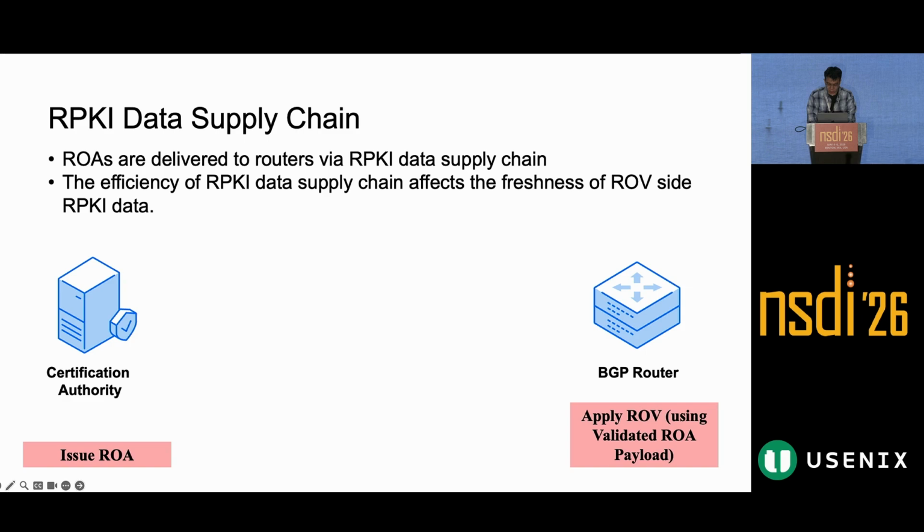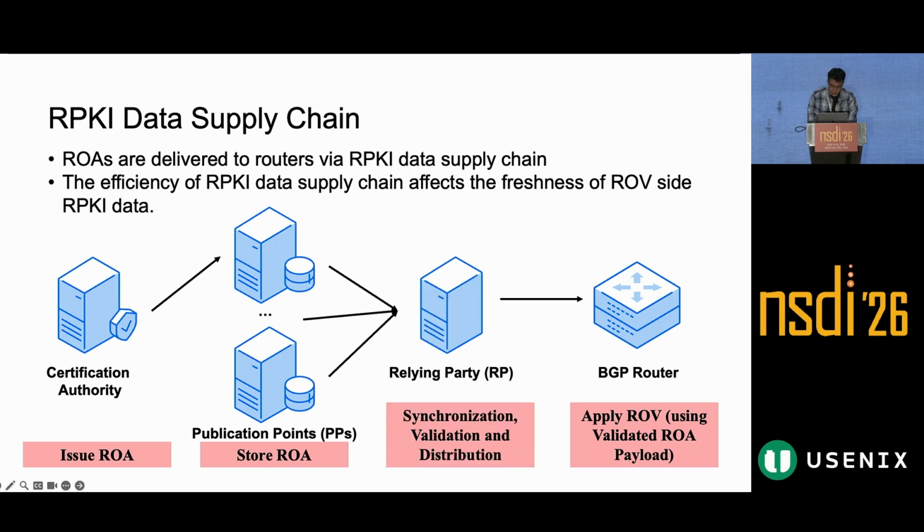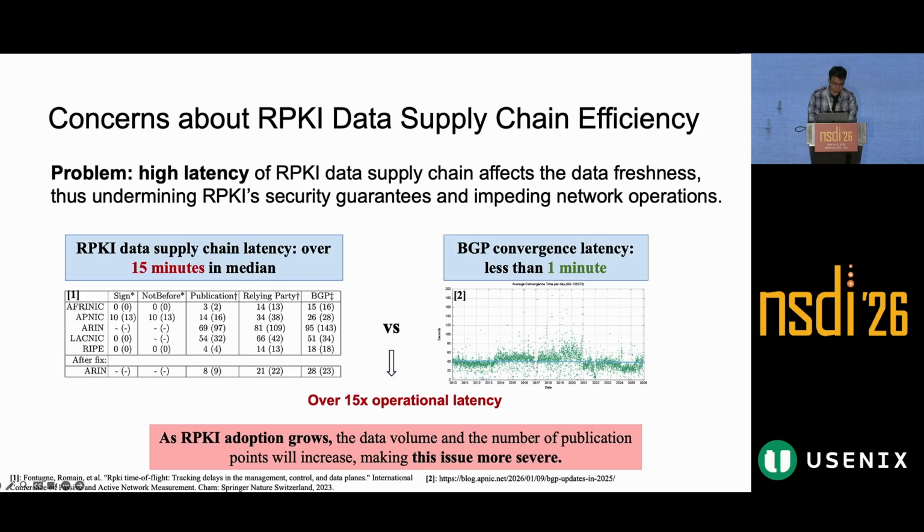And so how does the router get ROAs? The answer is ROAs are delivered to routers via the RPKI data supply chain. A certification authority issues a ROA and puts it in a publication point. And then the relying party synchronizes with all publication points, validates the ROA, and distributes the VRP to the BGP router.